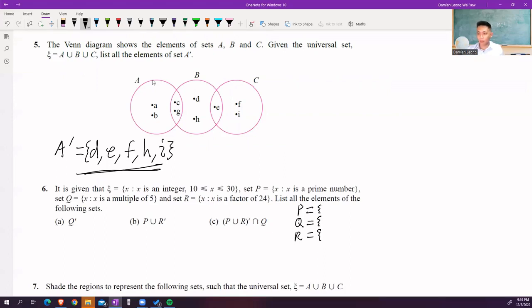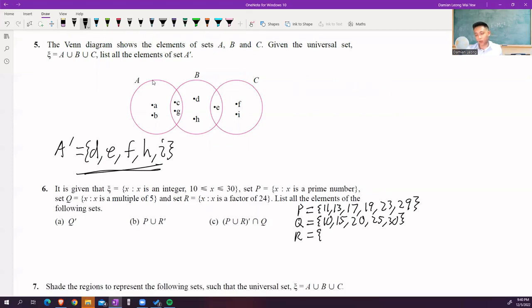Set P, prime numbers from 10 to 30. First is 11, then 13, 15 is not, 17 is, 19 also, 21 is not, 23, 25 is not, 27 not, 29. Set Q is multiples of 5: 10, 15, 20, 25, 30.